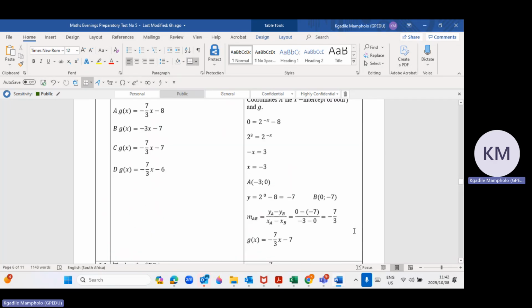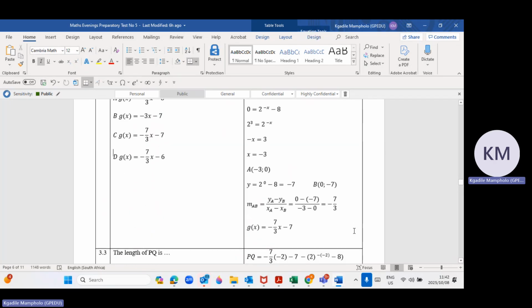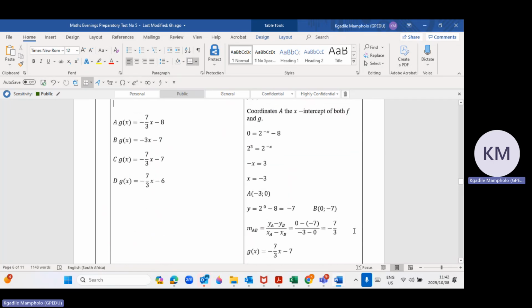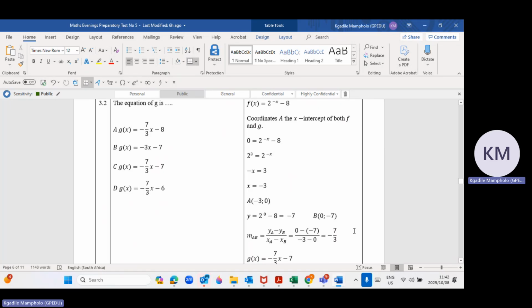Then you find the equation of the linear. So first we determine the coordinates of A. A is the x-intercept. You let y be 0, as A is the common x-intercept of both the exponential and the linear. Then x is -3. Then the coordinates of A would be (-3, 0).